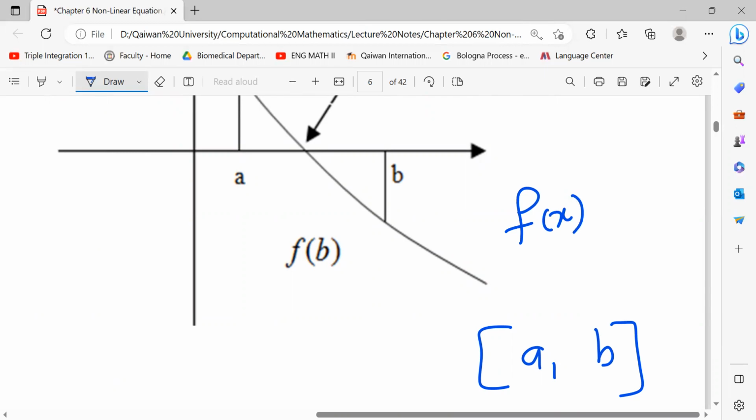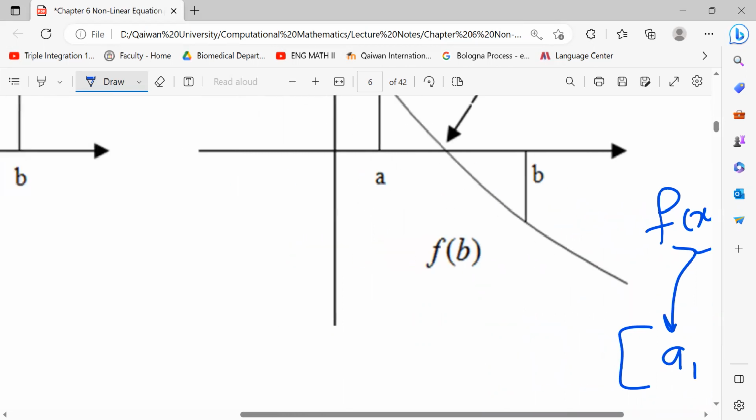We say if f of a times f of b is less than 0, it means between a and b, we have a solution for the function. That means the image of one of them is negative and the image of the other one is positive. We say between a and b, we must have at least a solution.